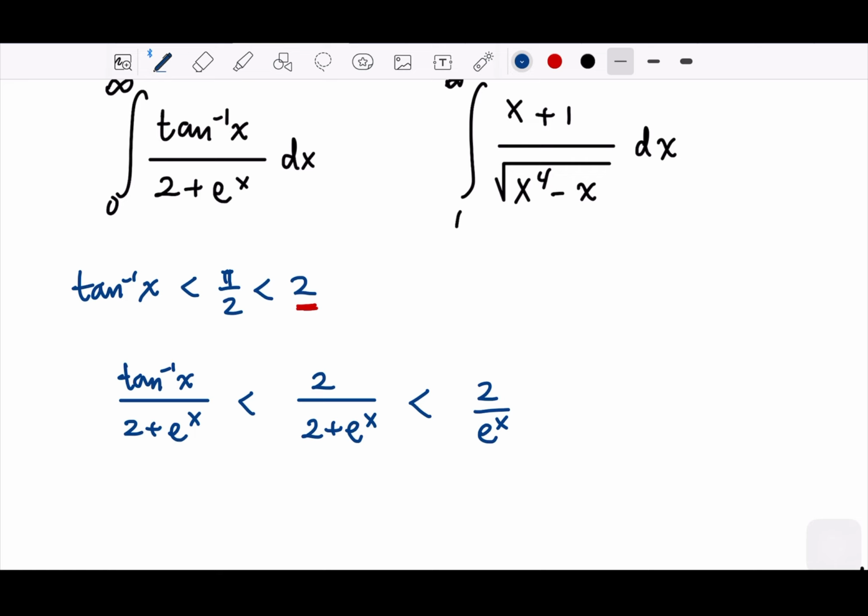So what we are going to focus on, let me give you my suggestion and tips. For the comparison theorem, focus on the function, I mean with the variable. The constant, you cannot ignore, but you can think the constant is not that impactful for the comparison. And you can, let's say, ignore that. And then we can write this as 2 over e to the x.